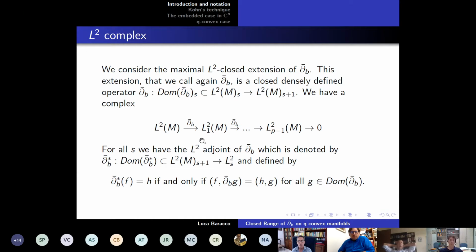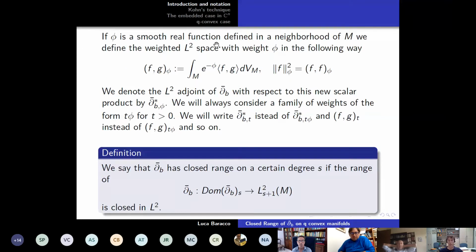Also, I will need to consider a slightly different scalar product. So if phi is a smooth real function defined in a neighborhood of M, we define the weighted L2 space with weight phi in the following way. So it's basically almost the same product.